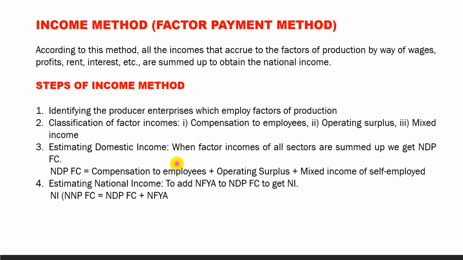So NDPFC is equal to compensation of employees plus operating surplus plus mixed income. Finally, estimating national income. If we add NFIA to NDPFC, then we'll get national income or NNPFC.